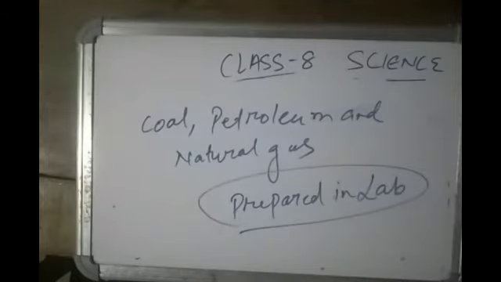Coal, petroleum and natural gas are exhaustible natural resources. Can we try to make coal, petroleum and natural gas in the laboratory from dead organisms?